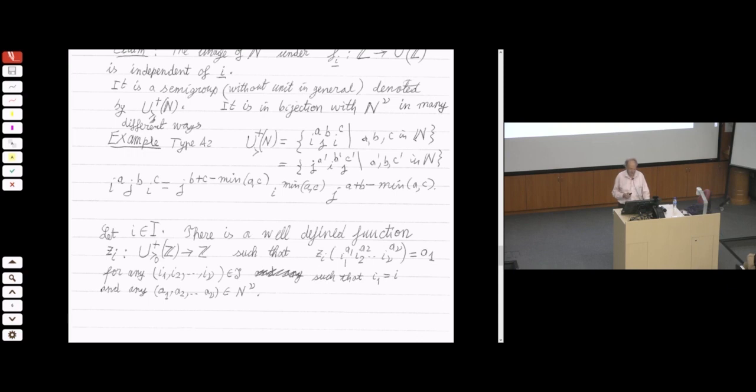Then there's a lemma which says that this is independent of the expression you use, independent of any choice.